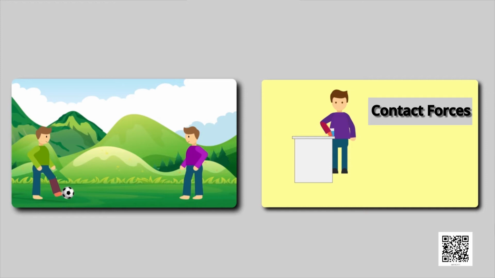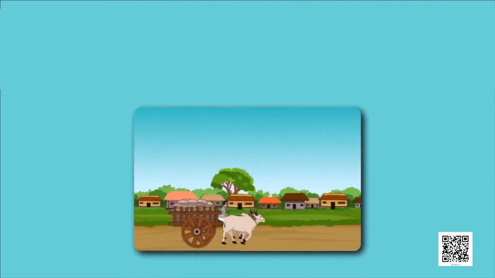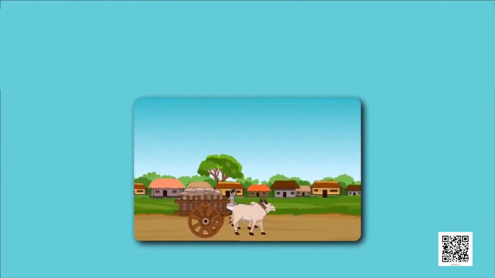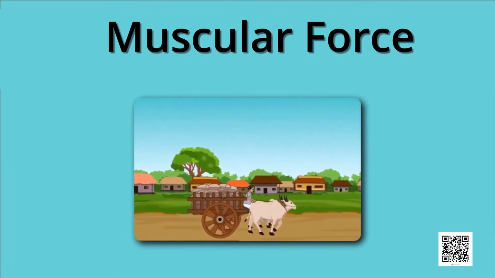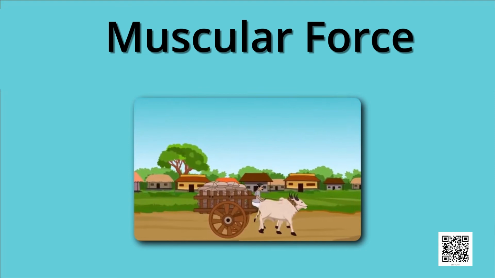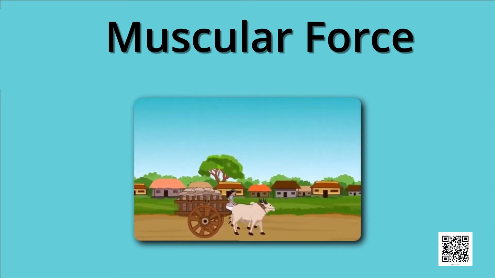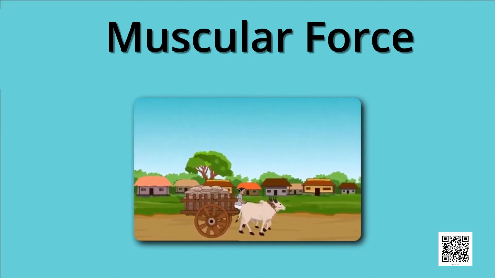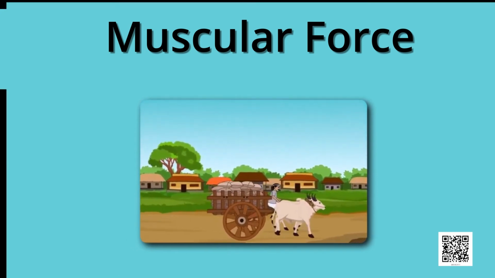This force is caused by the action of muscles in our body. The force resulting due to the action of muscles is known as muscular force. Animals also make use of muscular force to carry out their physical activities and other tasks.